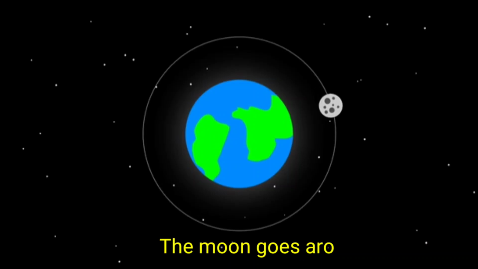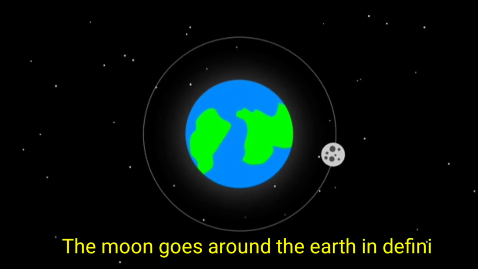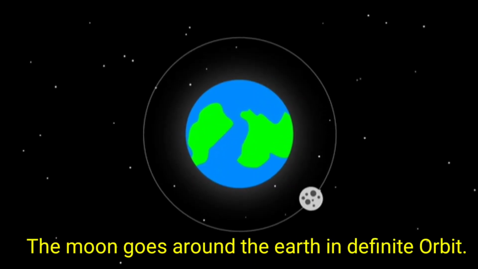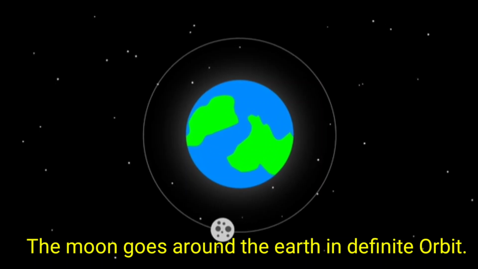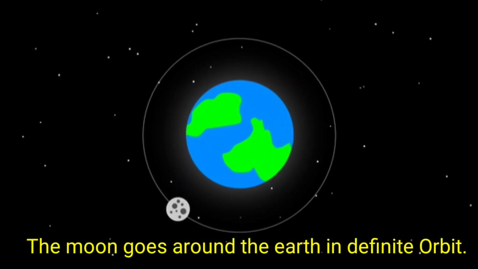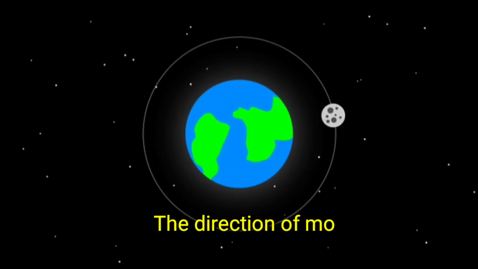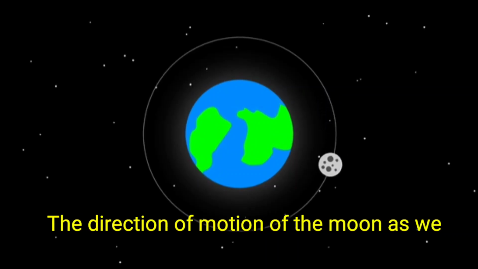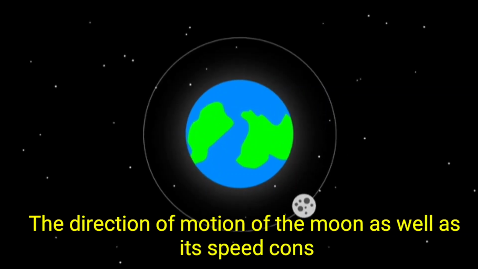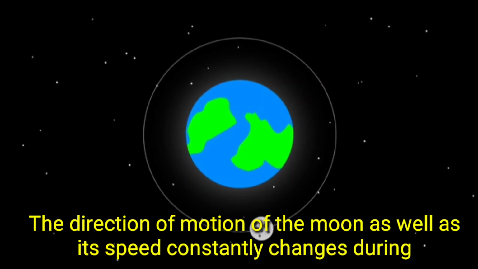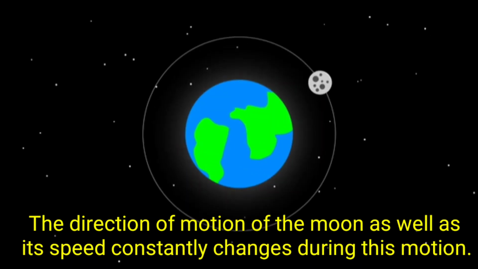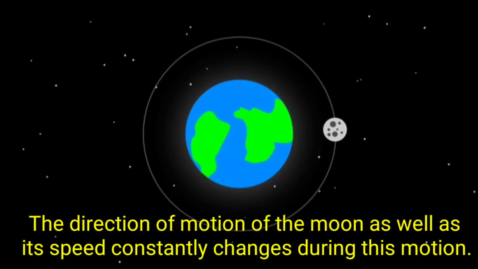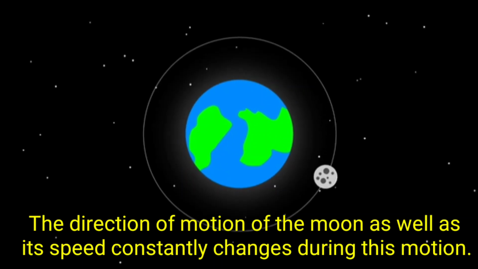You know that the moon, which is the natural satellite of the earth, goes around it in a definite orbit. The direction of motion of the moon as well as its speed constantly changes during this motion. Do you think some force is constantly acting on the moon?